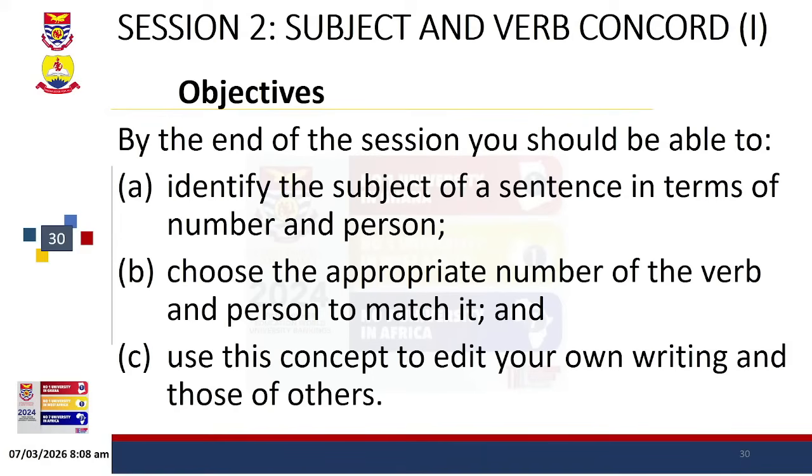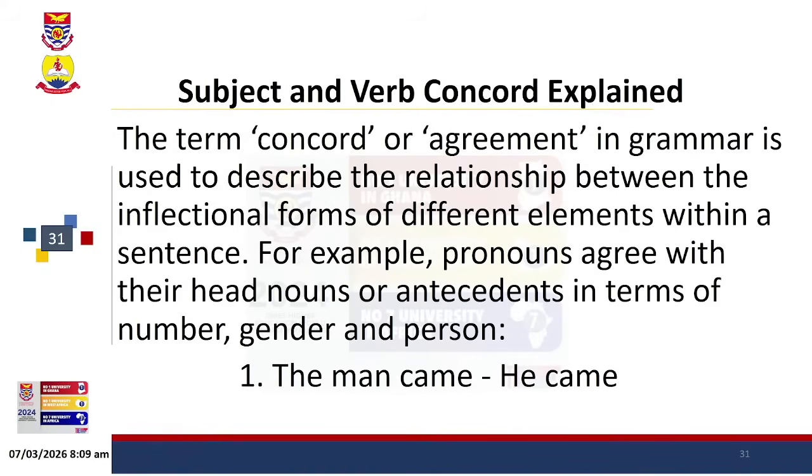In this session, we expect that by the end, you'll be able to identify the subject of a sentence in terms of number and person. You'll be able to choose the appropriate number of the verb and then the person to match it, and then use this concept to edit your own writings and those of others. So subject and verb concord.